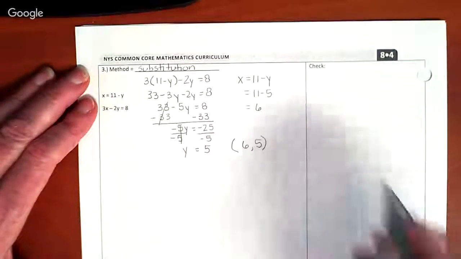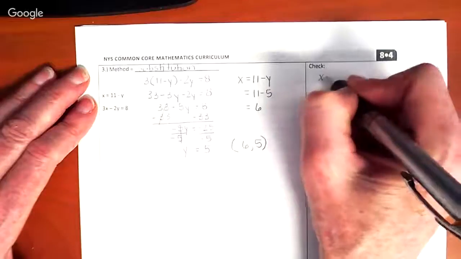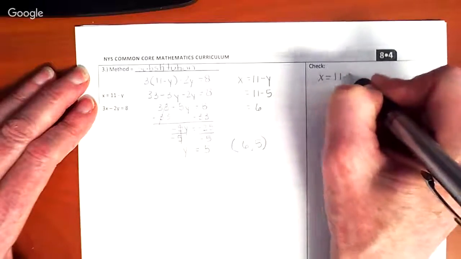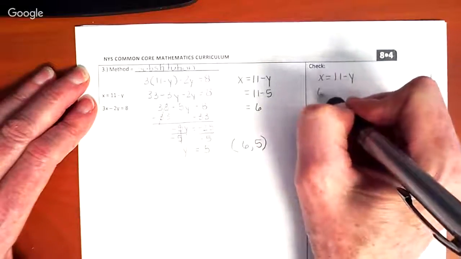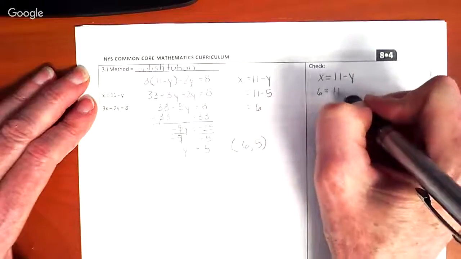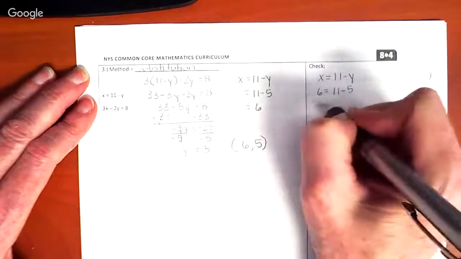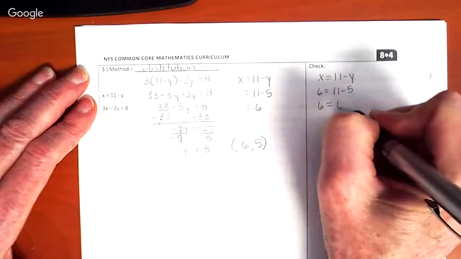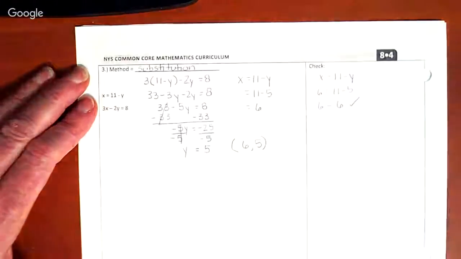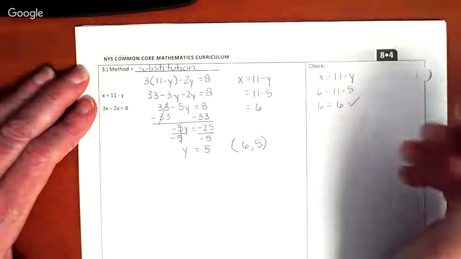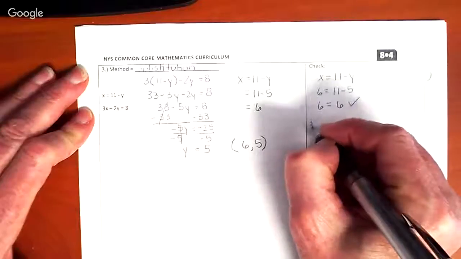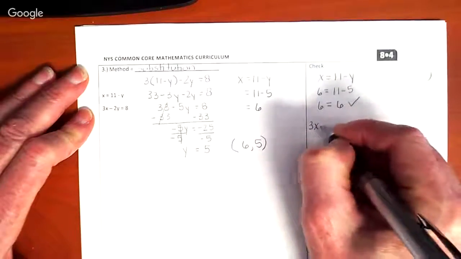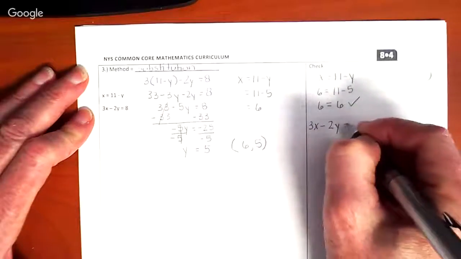Now to check it, x equals 11 minus y. 6 equals 11 minus 5. 6 equals 6, and it checks. Next we have 3x minus 2y equals 8.